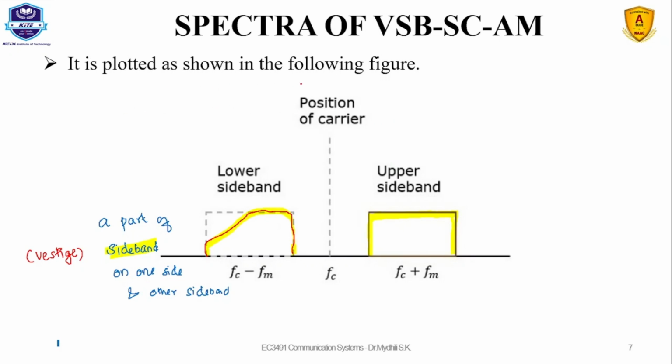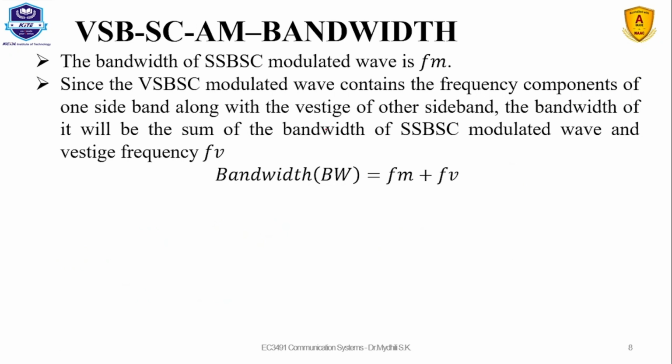This is the plot we get for the vestigial sideband. As I said, most of the lower sideband is suppressed, and only this part and this part are carried over for transmission. So please do remember that. What will be the bandwidth of this vestigial sideband?